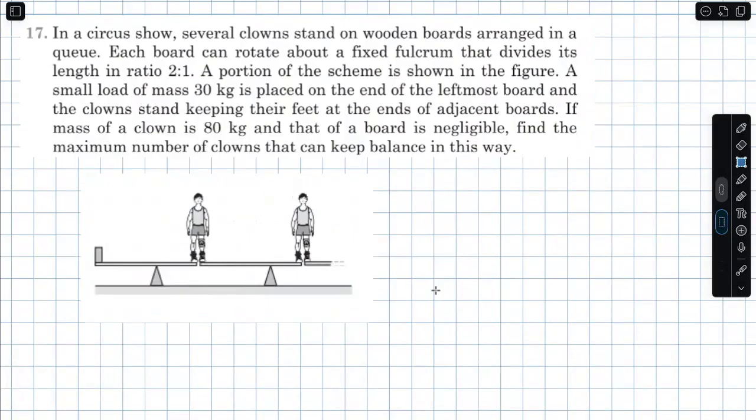In a circus show, several clowns stand on wooden boards arranged in a queue. Each board can rotate about a fixed. Yeah, read the question. Now try to do this. I've given sufficient information to handle this.